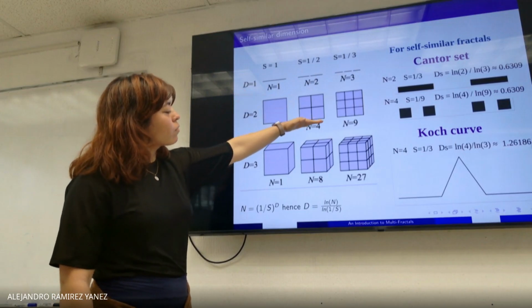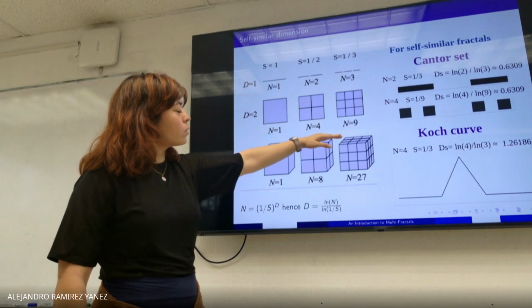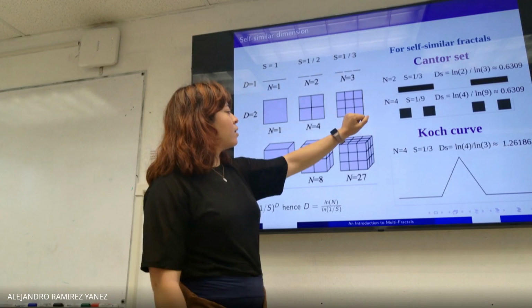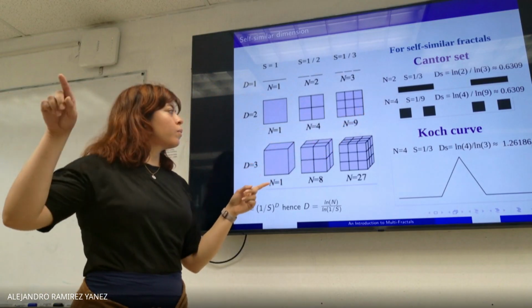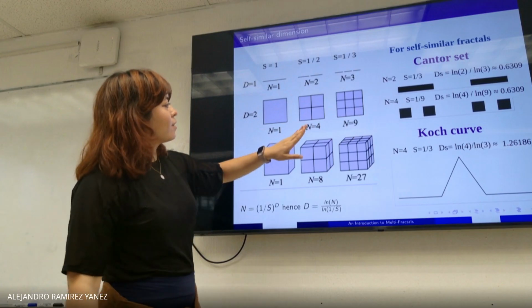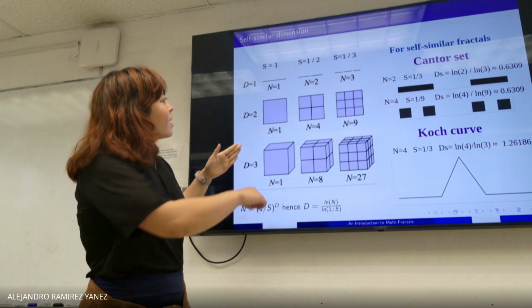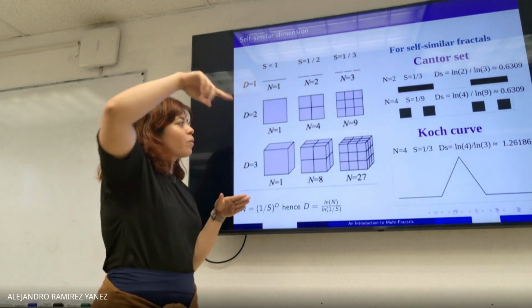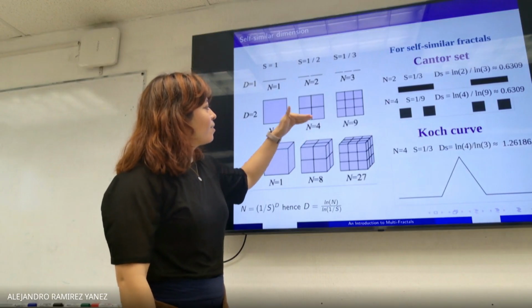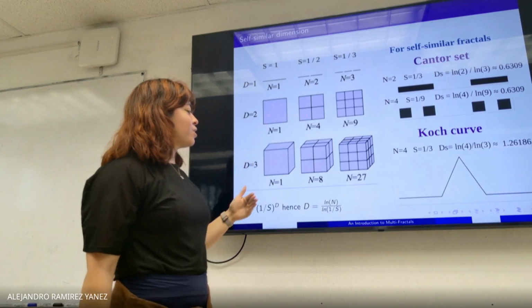If you divide one side by half, you will have 4 squares. If you divide one side by 3, you will have 9 squares. This is like 2 as a power. It is like 1 over s to the power of the dimension.